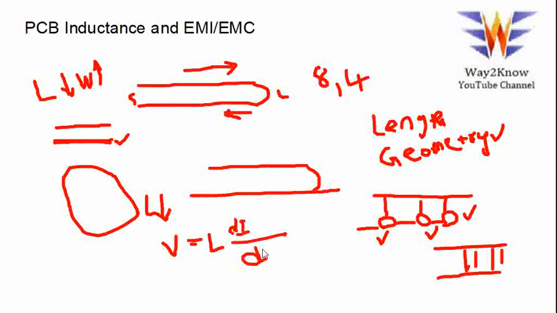So that means the variation of current causes voltage in an inductor, and that voltage variation is proportional to the amount of inductance. So even though there is a high current variation, if the inductance is lesser, the voltage developed is lesser.